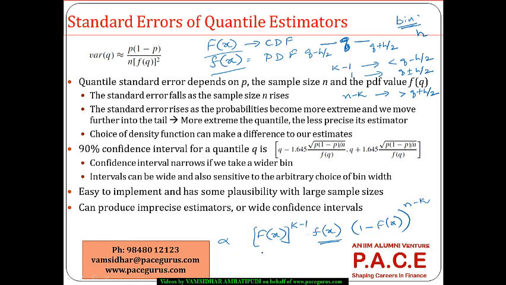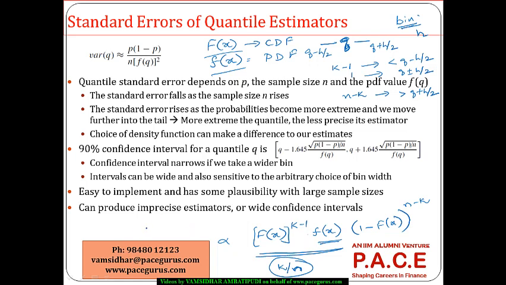If I look at these two combined together, I am looking at k out of n observations which are below this particular value, and a proportion 1 minus k by n of the observations which are above that value.